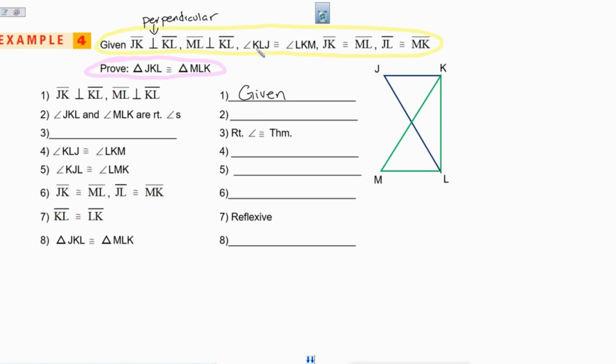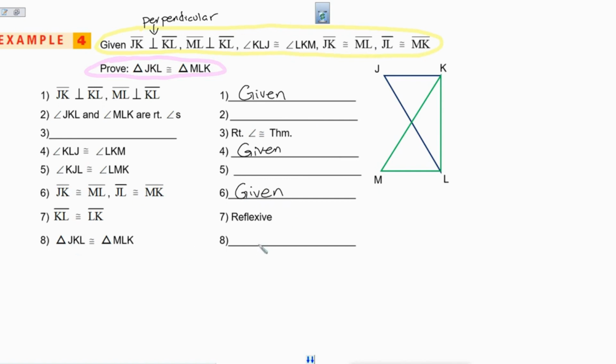Then we want to find angle KLJ is congruent to angle LKM. That is number 4. And then we want to find segment JK is congruent to segment ML. That's down here on number 6, and it also has segment JL being congruent to segment MK, which we have as well. So we write down given next to it.